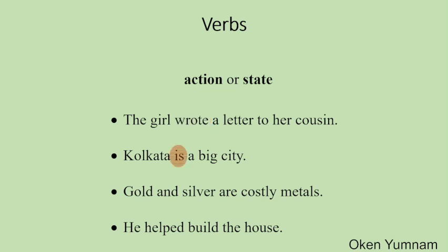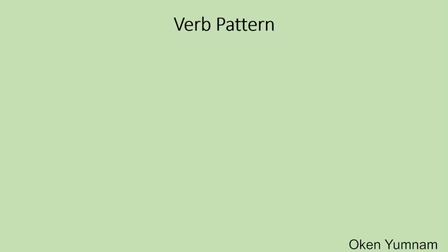Here, is isn't giving us any action, but it gives us a state of Kolkata, so is is a verb. Similarly, gold and silver are costly metals. Here, are gives the state of gold and silver. And the last one, he helped build the house. Here, help, he did the action of helping. So verbs are nothing but words that give us action or state of a noun.